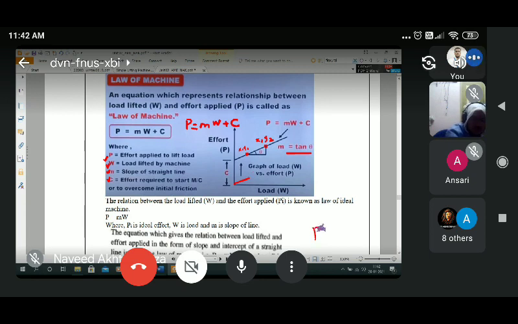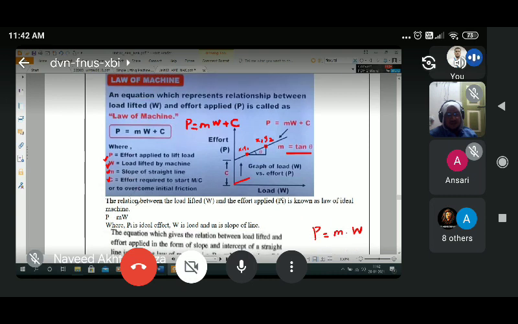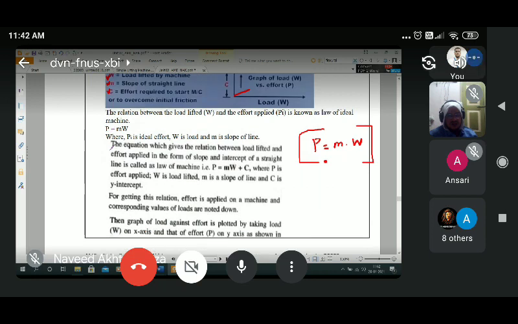That's why the value of P is equal to m into W for an ideal machine. So this equation reduces to the law of machine for the ideal condition: P is equal to m into W. The C value will be 0 because the initial friction is 0 when there is an ideal machine.